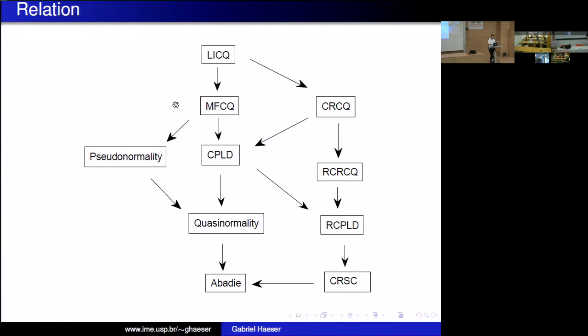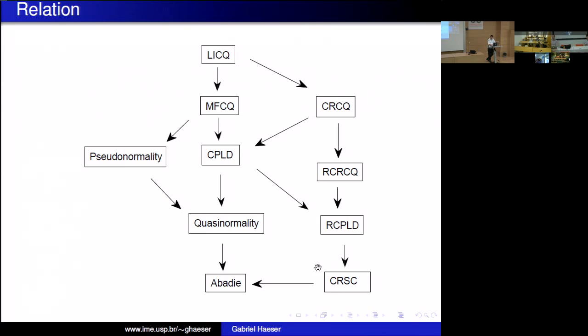This is a complete diagram. If there is no line joining two of these boxes, then it's because we have a counterexample, or you can deduce the implication using some other lines. For example, LICQ of course implies quasi-normality, but you can get this following this implication. So this is a full diagram, and our condition here is the weakest one coming from this line. It's weaker than every other one of these.